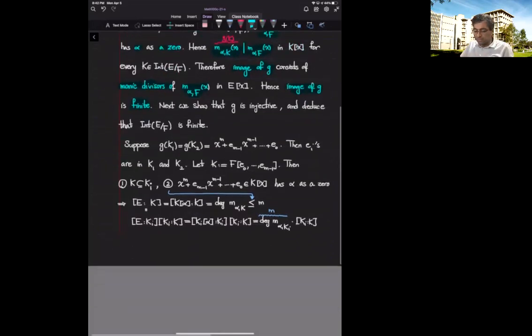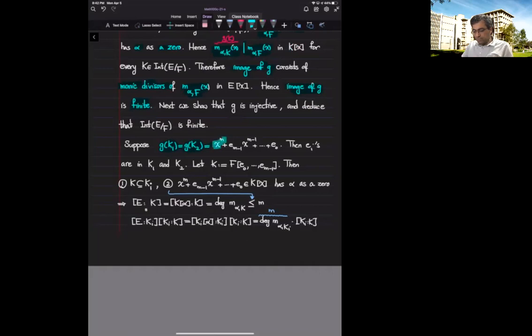So let's assume that G of K1, an intermediate subfield, is equal to G of K2, another intermediate subfield, and I want to argue that K1 is equal to K2. Suppose G of K1 and G of K2 are monic polynomials in E[X], where the coefficients are given by e sub i.